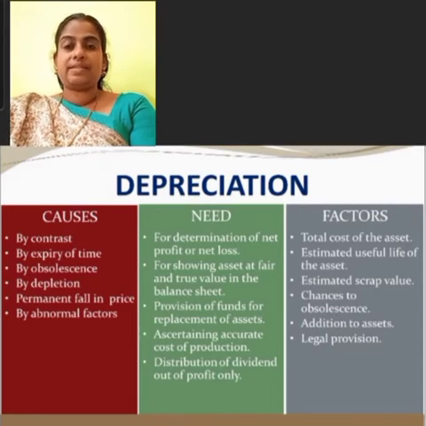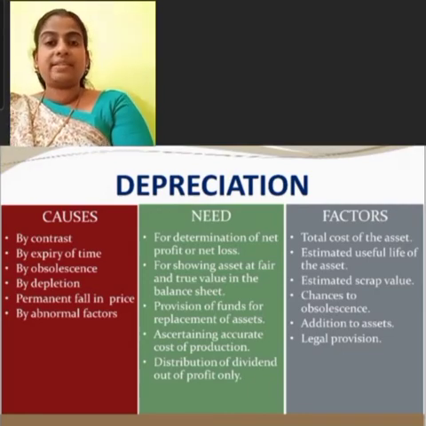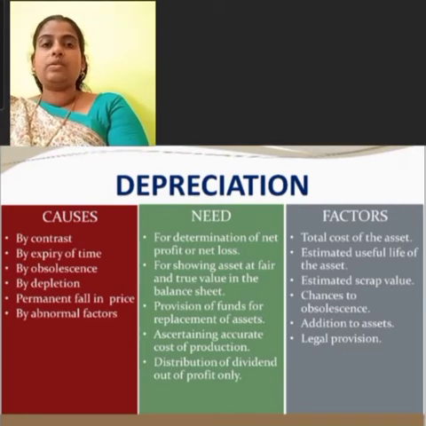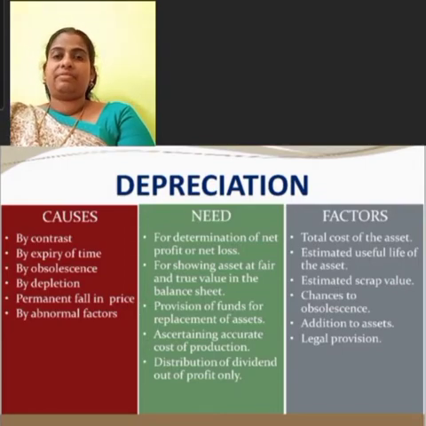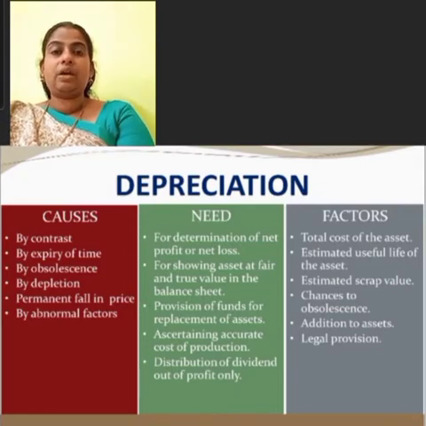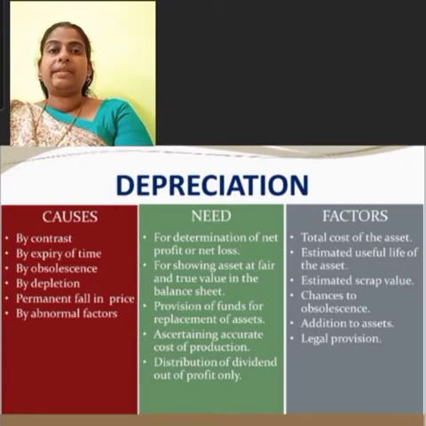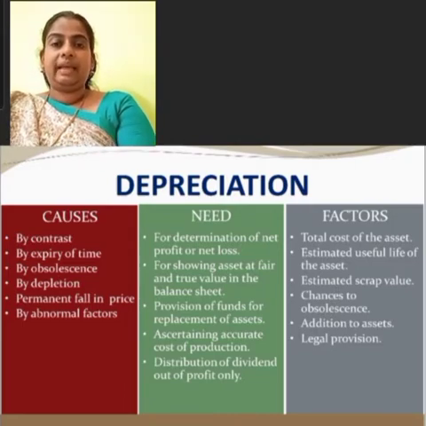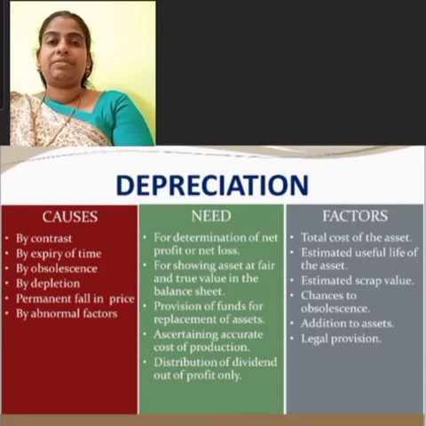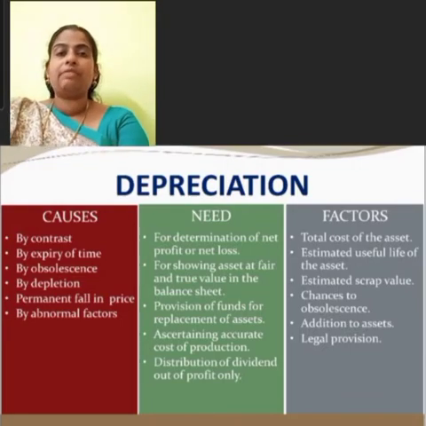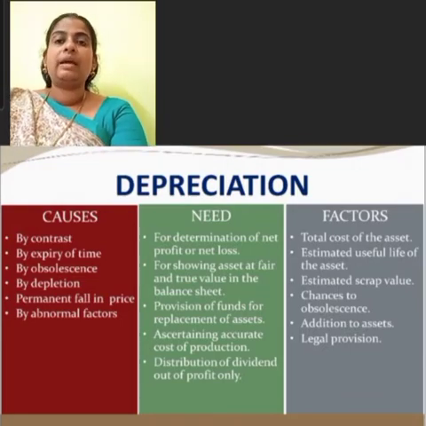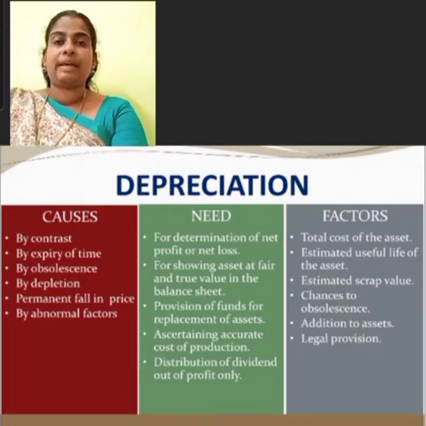The important causes are, first one, by constant use. The loss in the life, efficiency and utility of fixed assets due to its constant use is termed as depreciation. And the second point is by expiry of time. The effective life of the asset goes on decreasing with the passage of time.